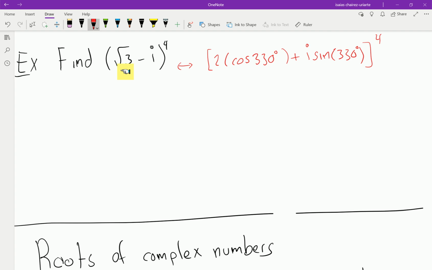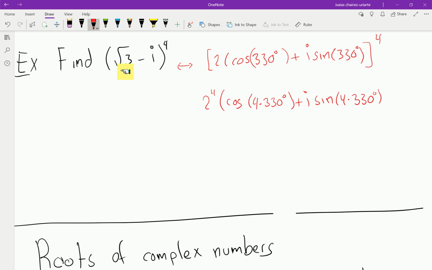Okay, so if I raise this to the fourth, this is going to become 2 to the fourth times cosine of 4 times 330 plus I sine of 4 times 330. Okay.